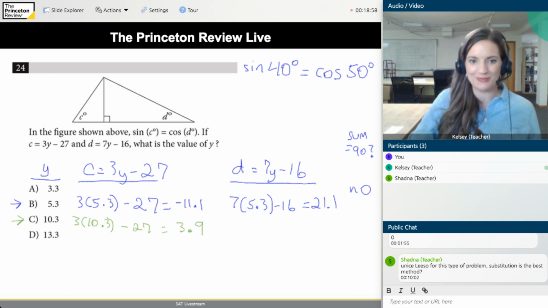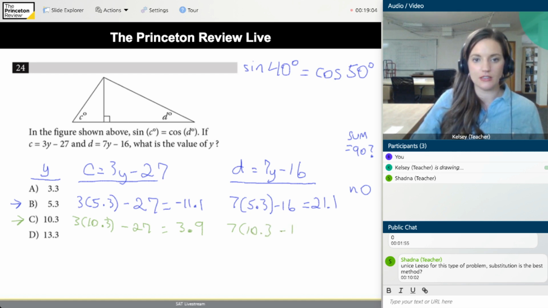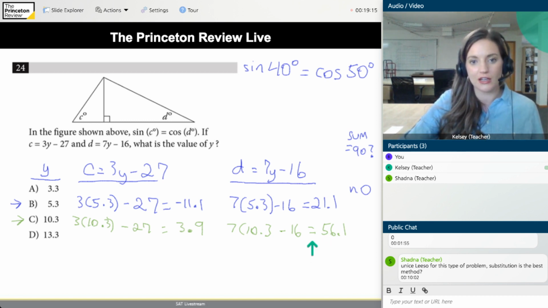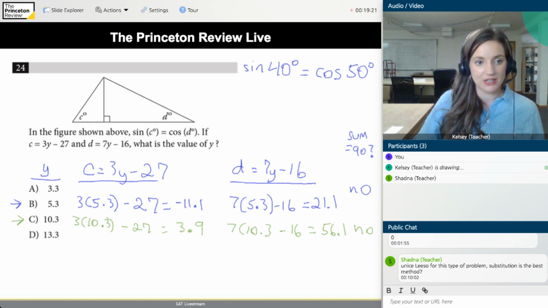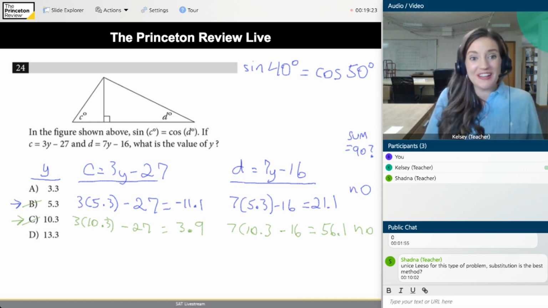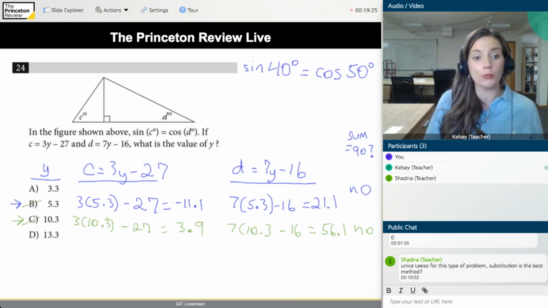Now we need to do the same thing for D. So that's going to be 7 times 10.3 minus 16, giving us 56.1. So we're closer, right? These numbers for C and D, if we add them together, they're closer to adding up to 90, but we're not quite there. So this can't be our answer either. So we know it's not B, we know it's not C, but we're getting closer. So let's just do this one more time and see if D could be our right answer.